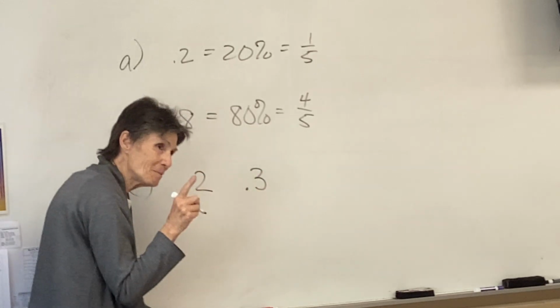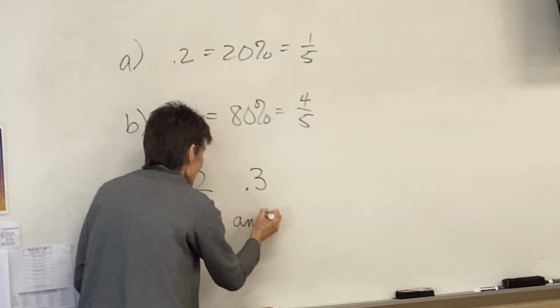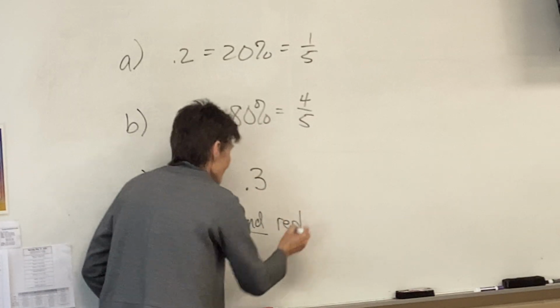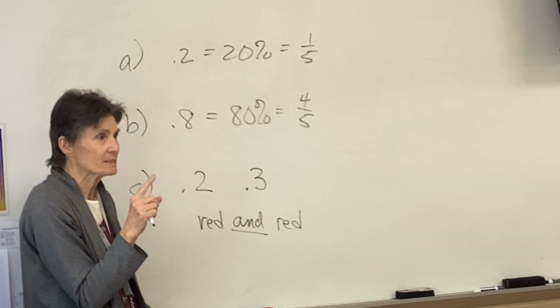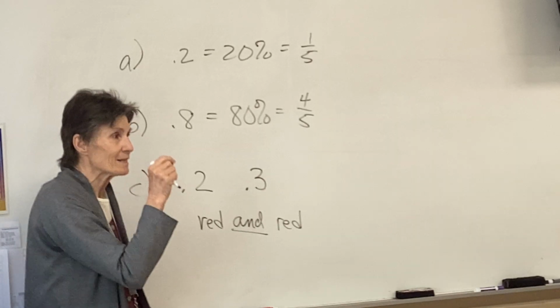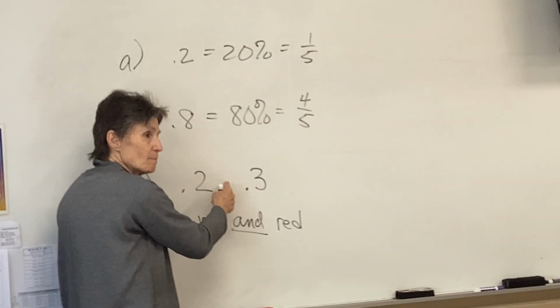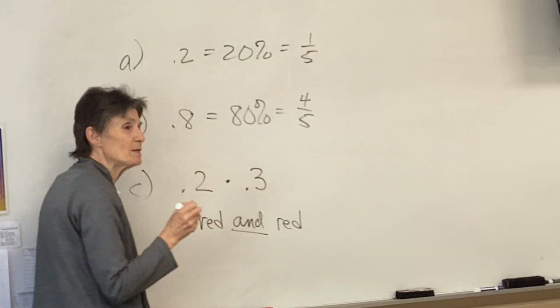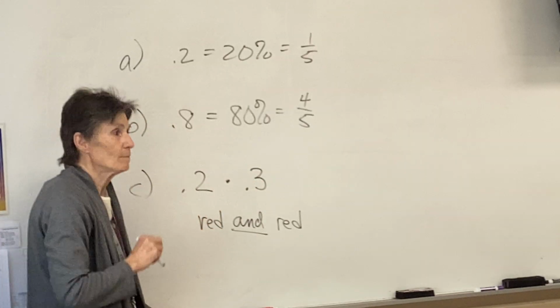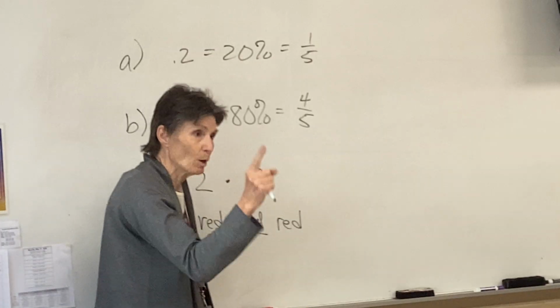Now, keep in mind, we're getting red and red. And if you've been really listening carefully, you've heard me say a couple of times that when we're doing this and this, what operation do we use? Multiply. When do we use addition? It doesn't say get a red or a red, it says I gotta get both red.